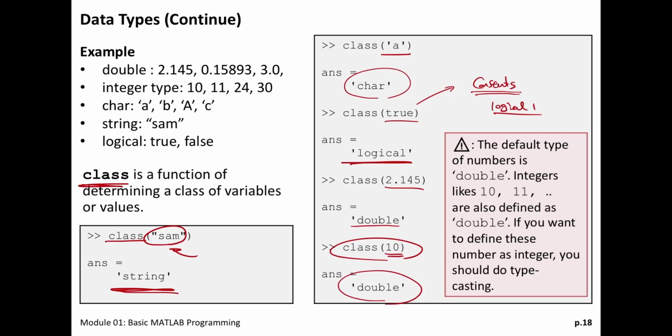So whenever you define any number, you put the number on the variable, all these variables are the double type. For instance, val 1 is a 10, and then you put the val 1 here. The outcome is the double, not the integer. Make sense?